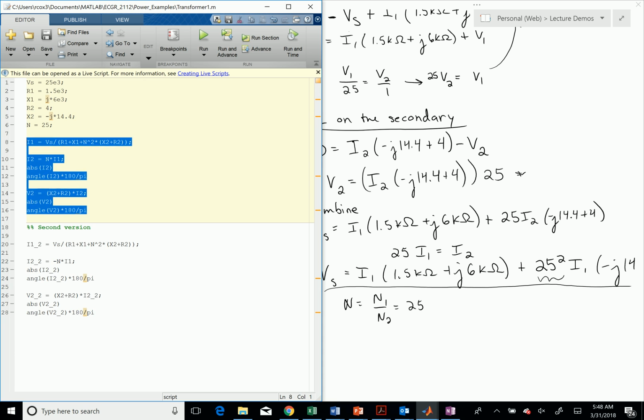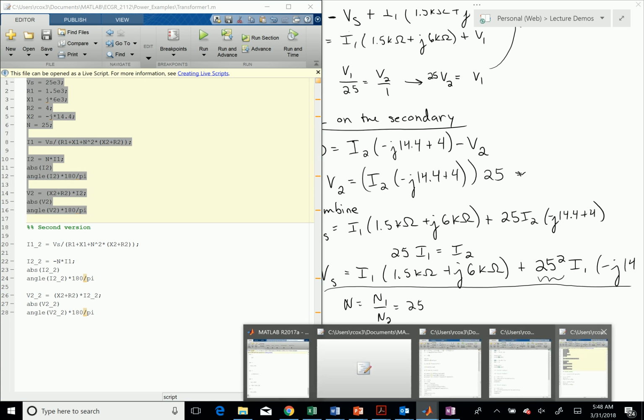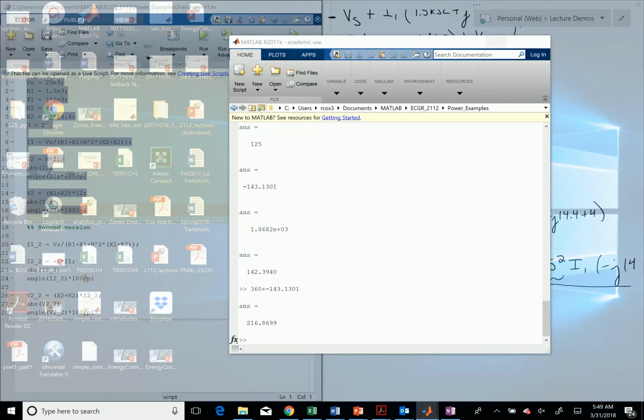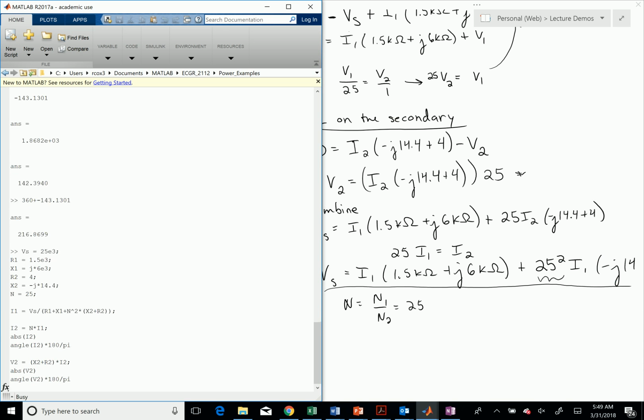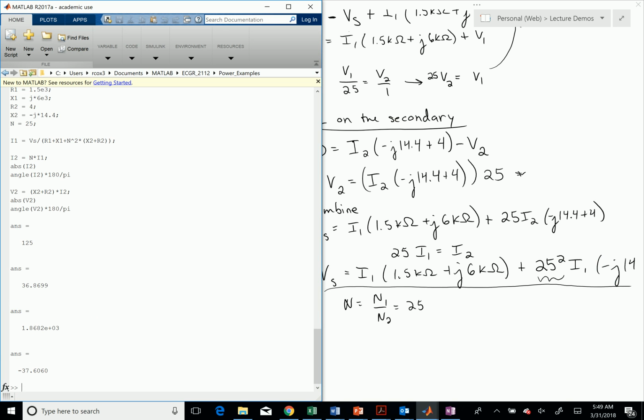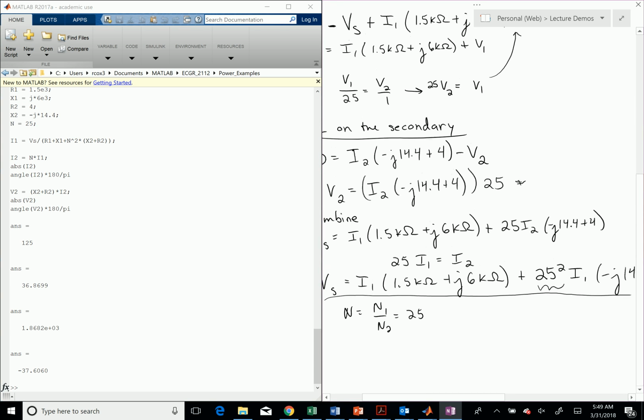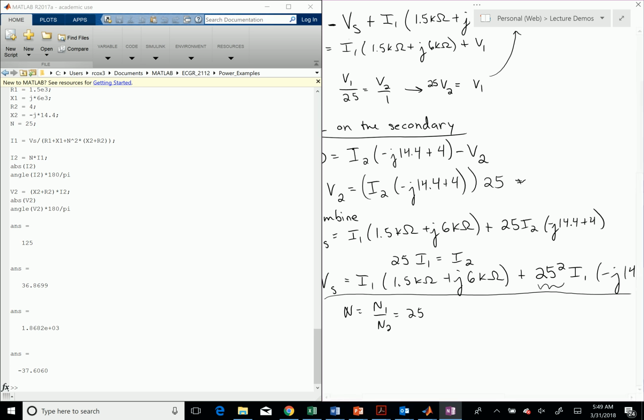So let's do that. Let's take those terms. What I do is I copy and paste those over into MATLAB, run it, okay, and I get a couple of different answers. So what I'm going to particularly pull out here is I had it tell me the magnitude of I2, the angle of I2, the magnitude of V2, and the angle of V2.